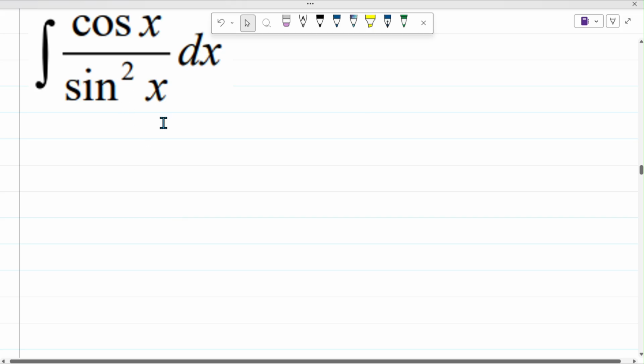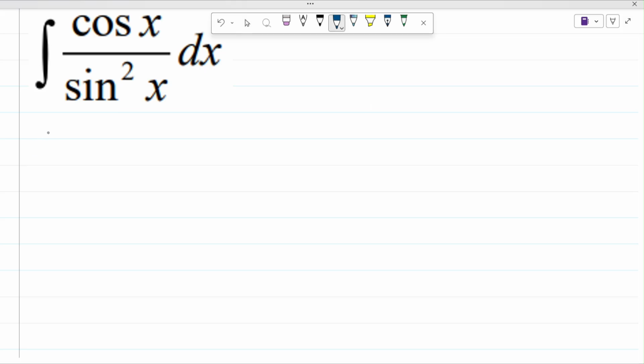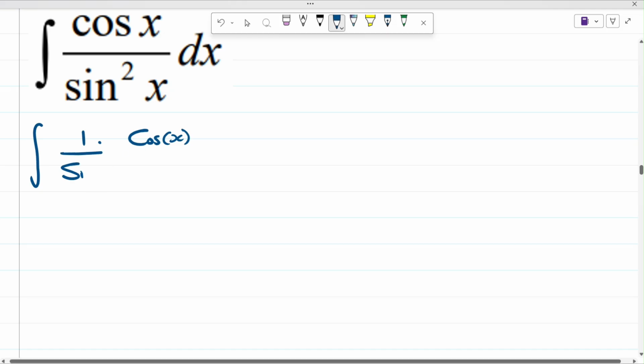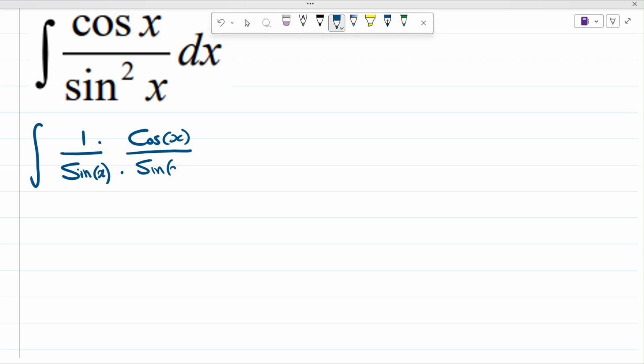One could go with the general power rule, because our n for this case is going to be equivalent to -2. One could just say, no, I don't have to do that. I can just split this into 1 over sine of x multiplied by cos of x over sine of x, dx.